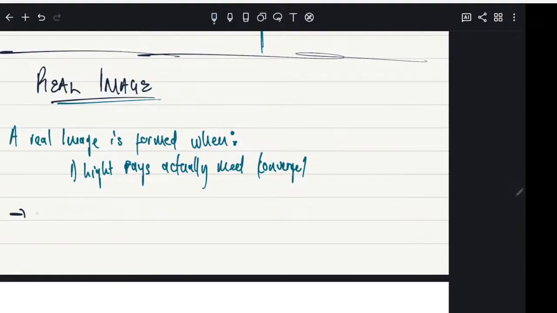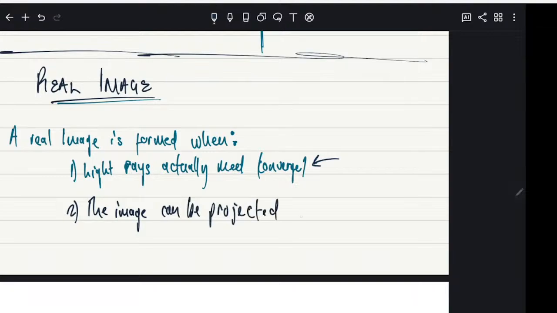Then I want you to say here, a real image is also a property. It is formed when the image can be projected on a screen. But the real reason it's real is the rays meet. So the image can be projected onto a screen.